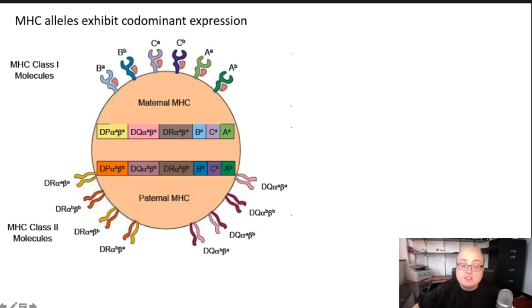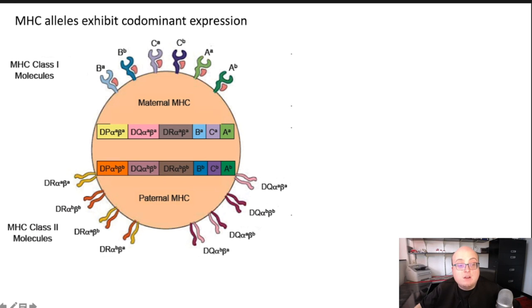Same thing with MHC class 2, although we have some additional diversity with MHC class 2, because remember we have the alpha and beta chains, and it turns out we can mix and match the alpha and beta chains within each of the different isoforms. So if we take DR, for example, you can see here we inherit alpha A and beta A from the maternal parent, alpha B and beta B from the paternal parent, but they can actually be mixed and matched.